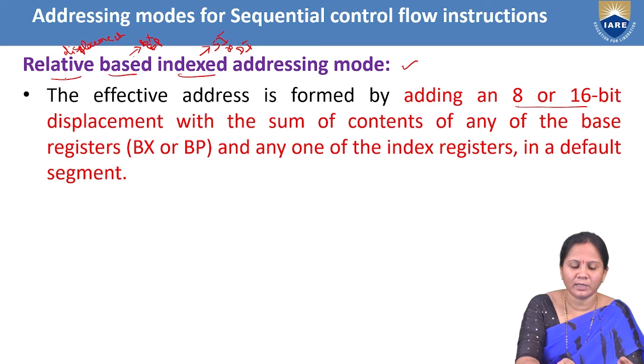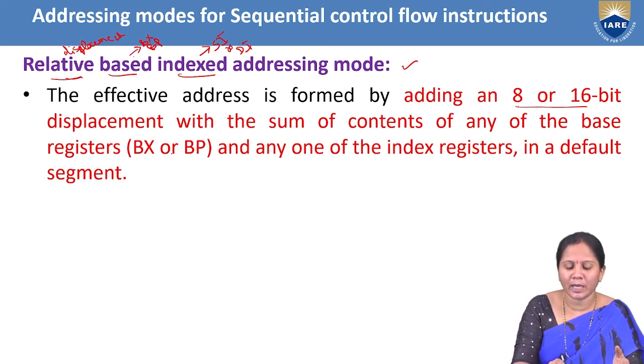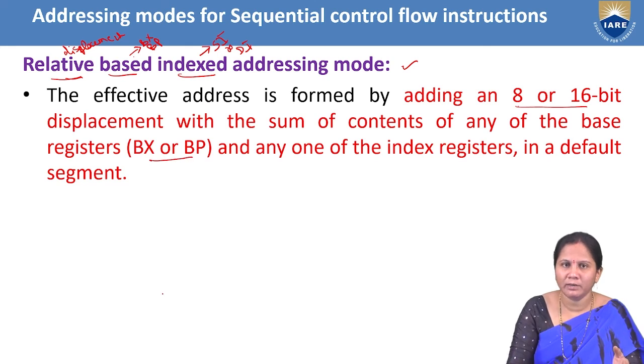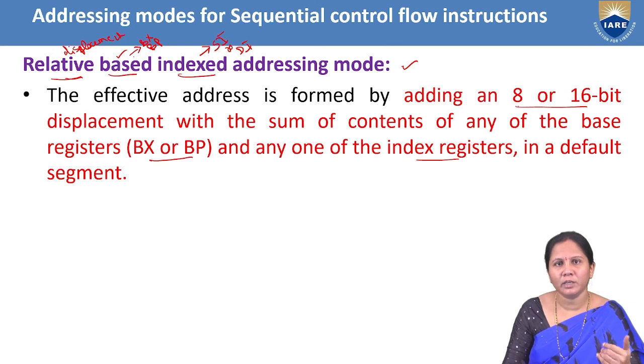So it says the word relative. And next, that should be added to the contents of base register, because here you have the based term. And for this, you also have to include any of the index registers by default. So the index register may be either SI or DI. So all together gives the offset address.